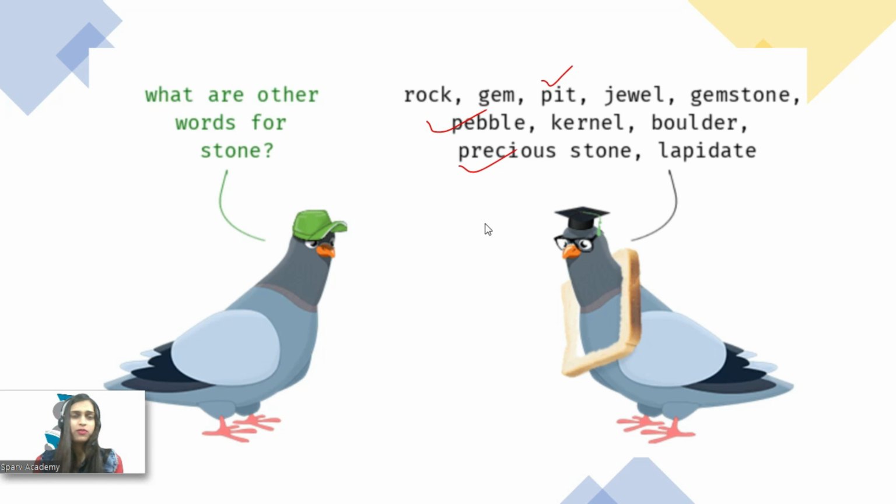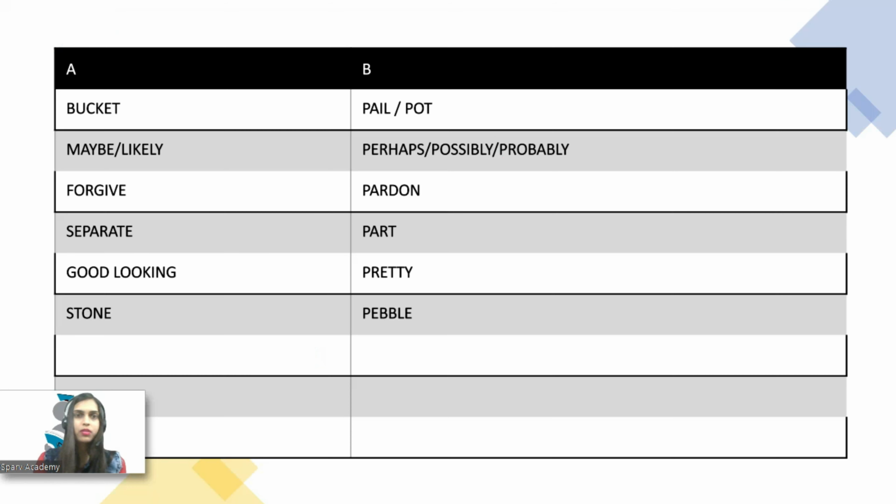And if you are still thinking rock, gem, stone, they do not start with the letter P. So the right answers are pit, pebble, and precious for the question we are attempting. So here we have three words and we are choosing pebble.